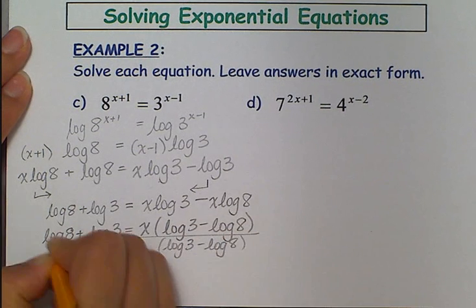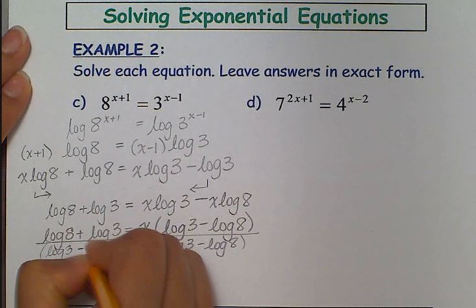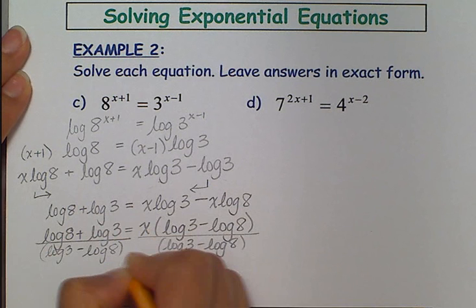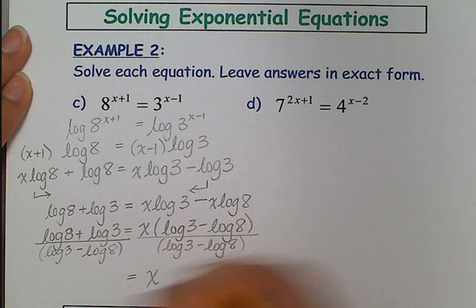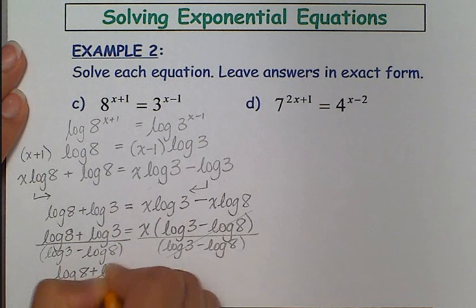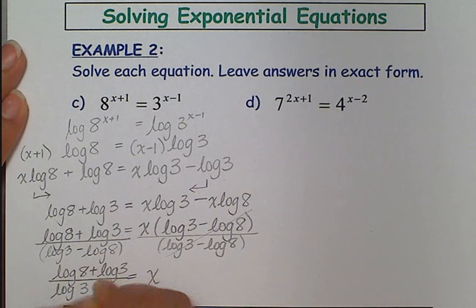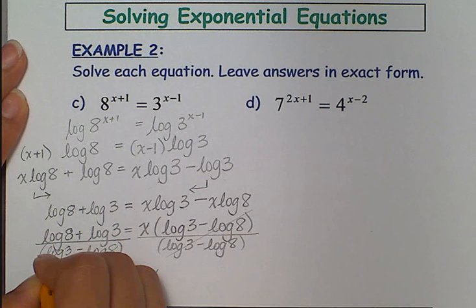And I'll do that to both sides. And so I'm left with x equals the log of 8 plus the log of 3, divided by the log of 3 minus the log of 8. And there is our value for x.